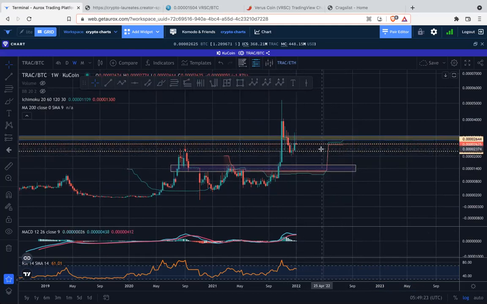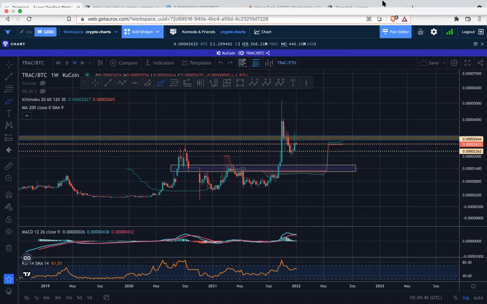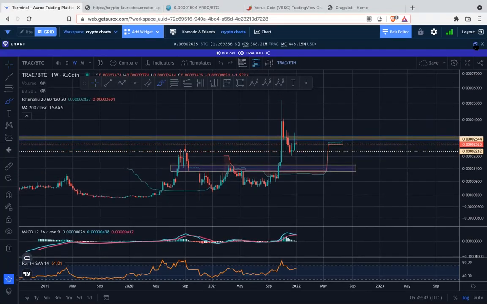Otherwise, maybe this will be significant enough support. I'm guessing there's a good chance it could find its next low, confirmation low, and then continue to the upside of that Ichimoku cloud. Okay, all right. So that's that for the TRAC chart. Okay, good.